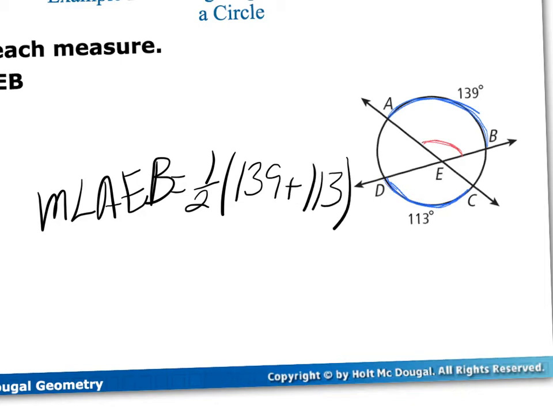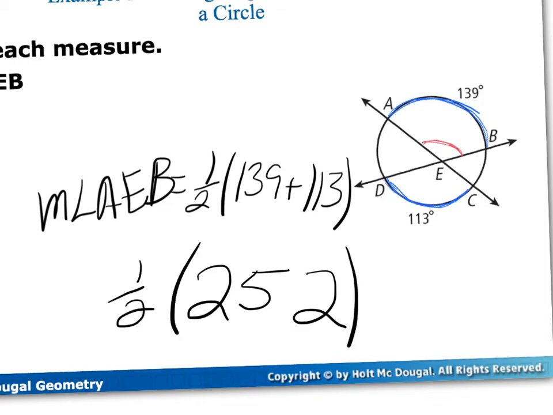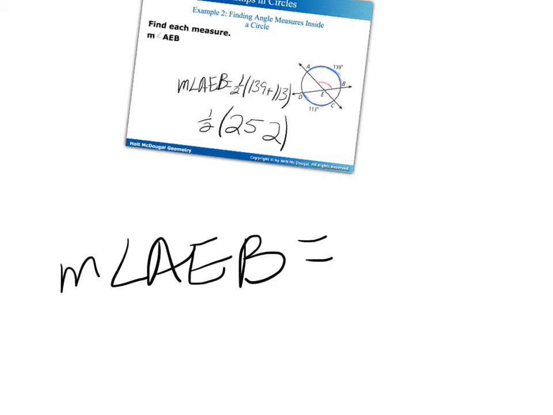All right, so I get 139 plus 113 gives me 252. Then I take half of that, so I get the measure of angle AEB equals 126 degrees.